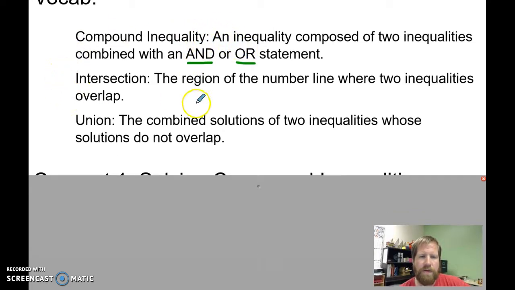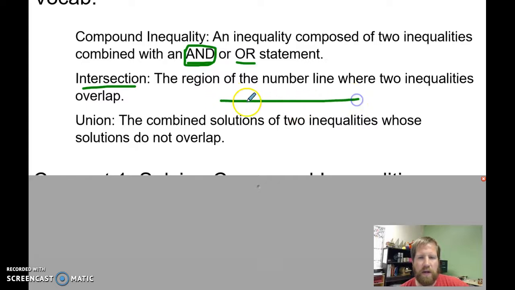Okay, so if it is an AND inequality, it's going to have an intersection, right? And the intersection is the area on the number line where the two inequalities overlap.